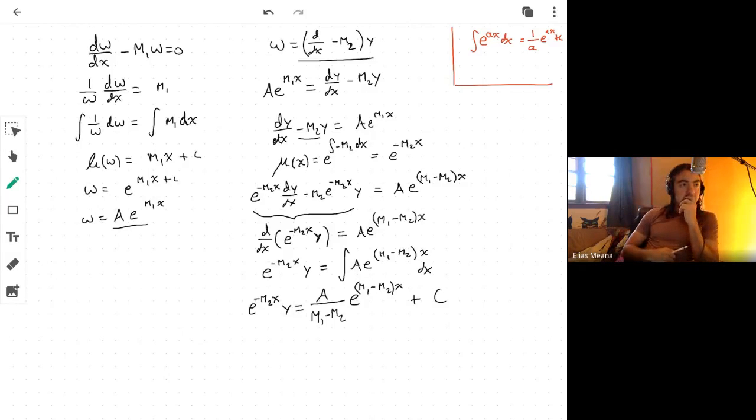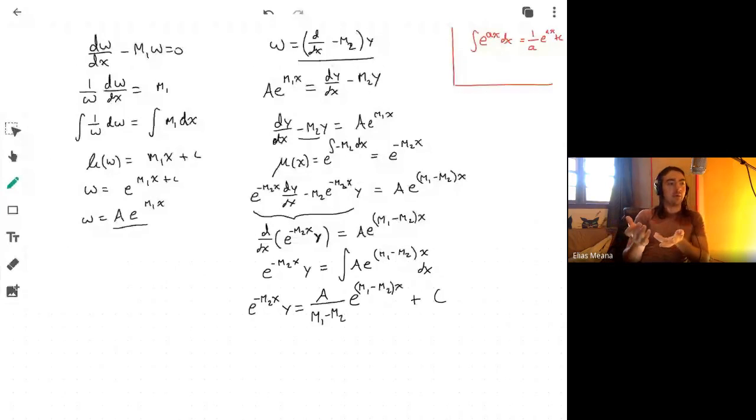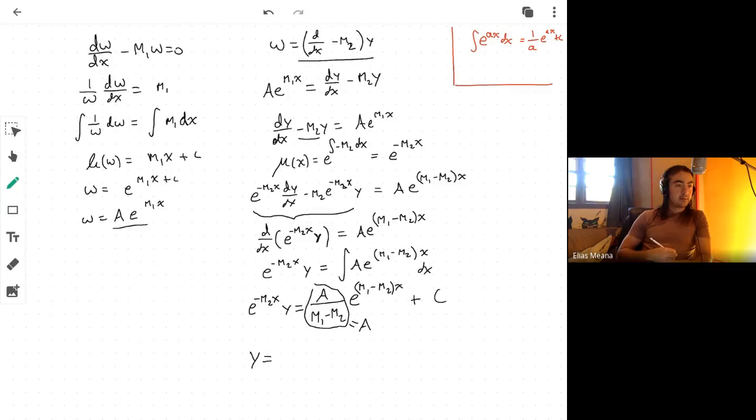All right. So then all we have to do to find y is divide both sides by e to the minus m2x, or multiply both sides by e to the positive m2x. And so we end up with y equals, and this is the part where I said I wanted to use little a before, but I'm going to rename this whole constant a again, because a and b is typically what we use.